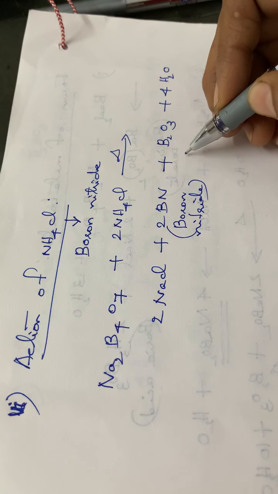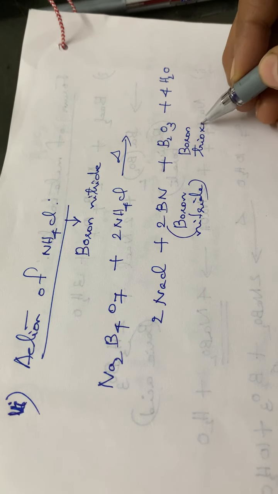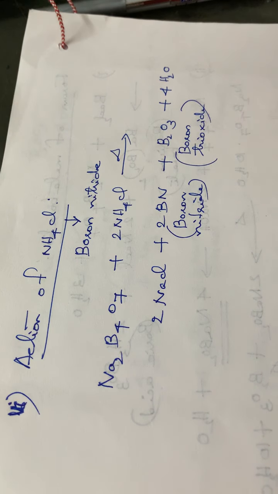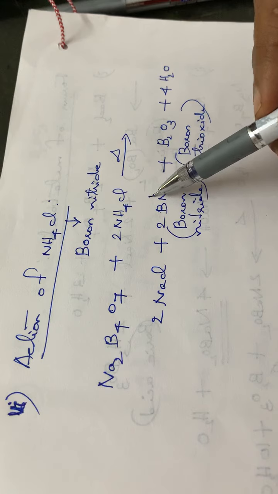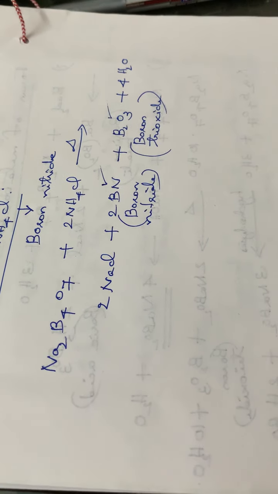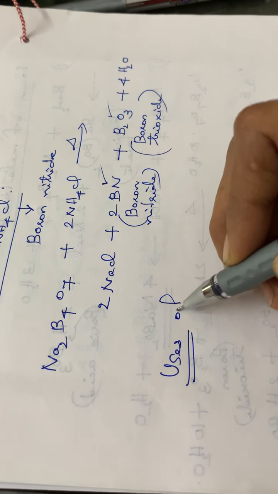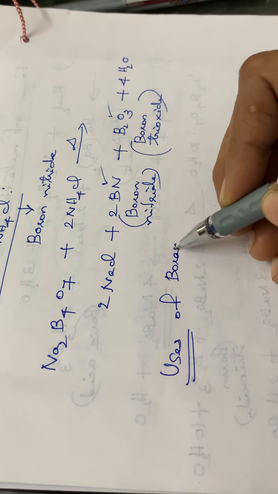B2O3 is boron trioxide or diboron trioxide. Okay. So here on reaction with ammonium chloride, we will be having boron nitride as well as boron trioxide. Then the next one, that is the uses of borax.